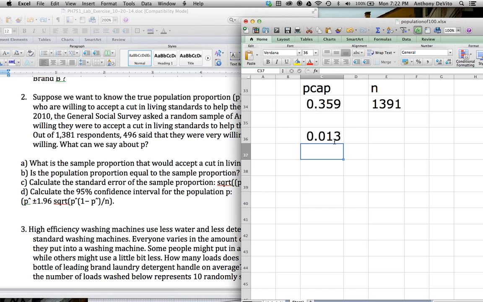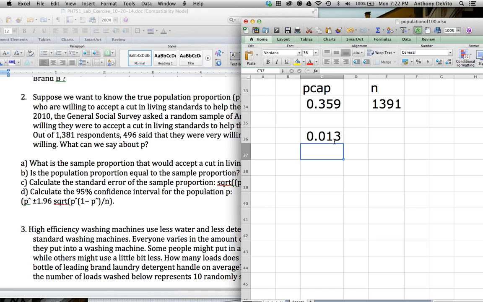In other words, if I draw the entire distribution of all the possible samples of this size in a normal distribution, that would represent our standard deviation, or standard error really, because it's a sample for this entire population.